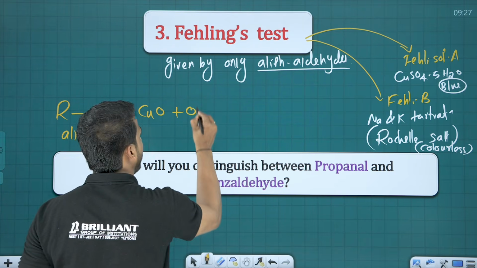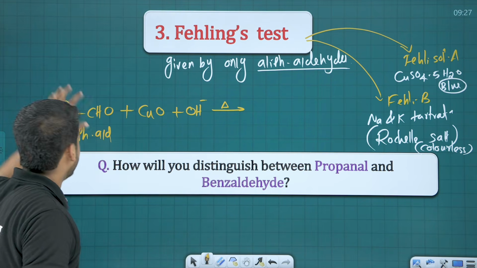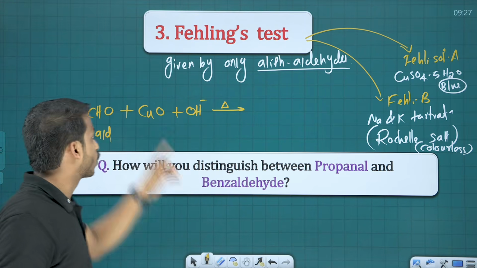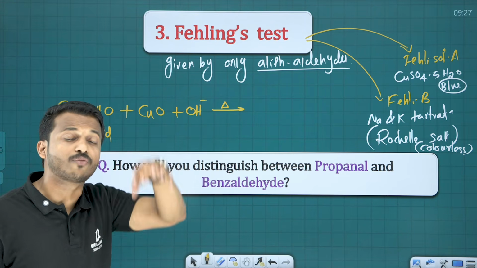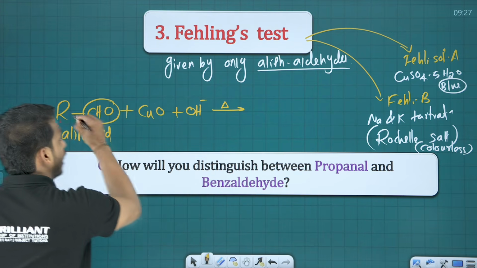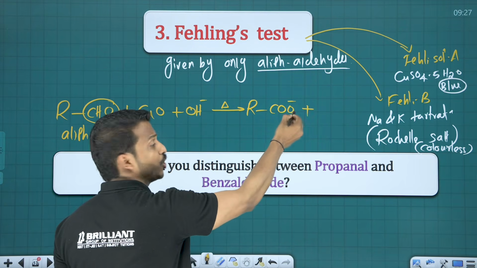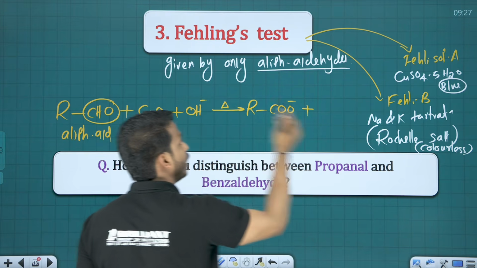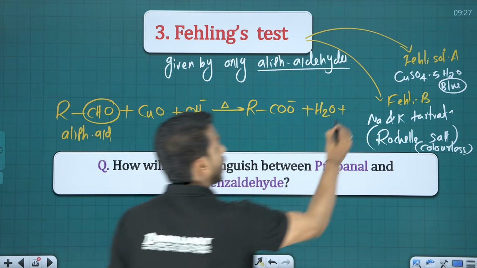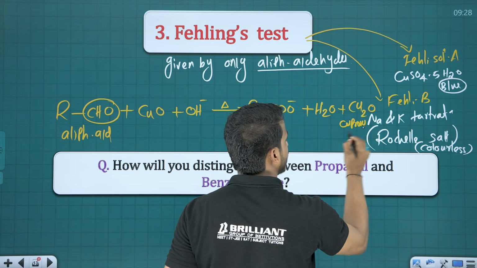Here also we need a base, OH minus, and heat. Fehling solution is also an oxidizing agent, so copper oxide is an oxidizing agent. The aldehyde becomes acid, RCOO minus, and that H combines with OH to give H2O, and copper oxide becomes Cu2O, that's called cuprous oxide.